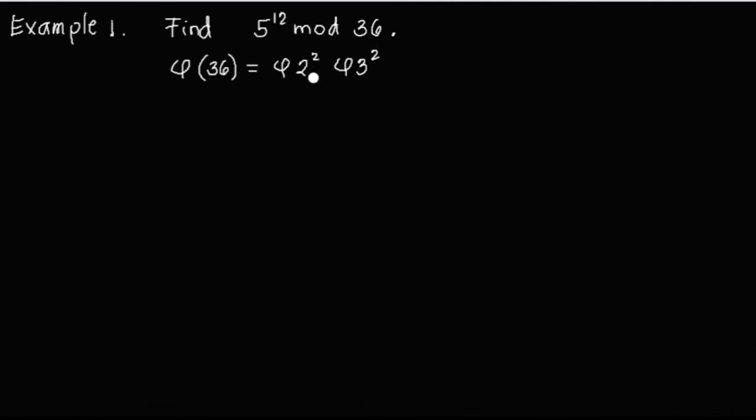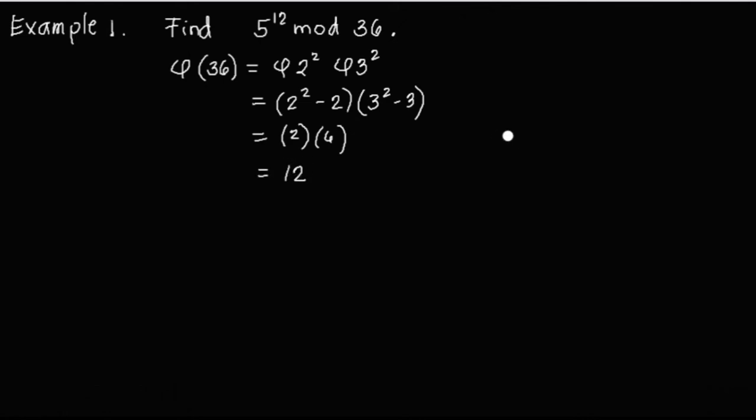Diba? So that's applying rule number 3. And then applying rule number 2, so any number raised to a prime, ganito ang mangyayari, diba? Then 3 raised to 2 minus 3. That is rule number 2. That's a previous lesson natin. Now, 2 raised to 2 is 4 minus 2. That's equal to 2, diba? Then 3 squared minus 3, that's equal to 6. So that is equal to 12.